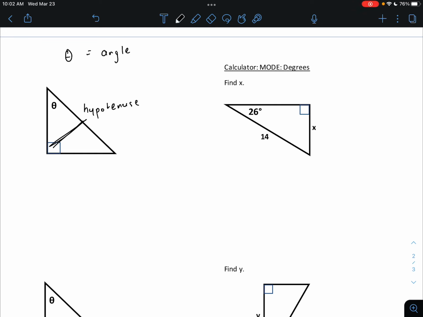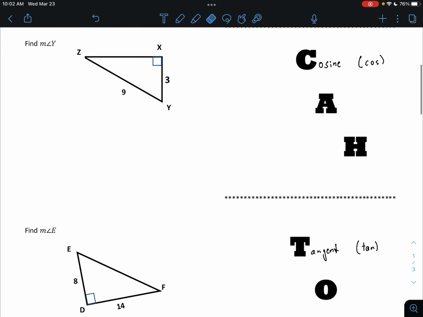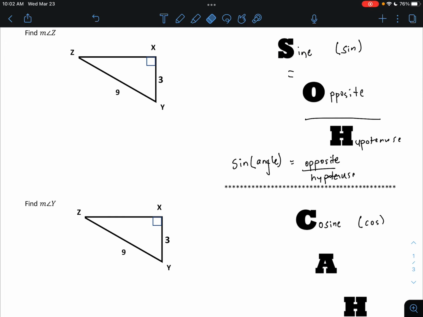The other piece of a sine function is the opposite side, the side opposite from the angle that we're dealing with. Those are the 2 sides that I'm using when I'm dealing with a sine function. So the sine of my angle, in this case the sine of theta, is equal to the opposite side over the hypotenuse.